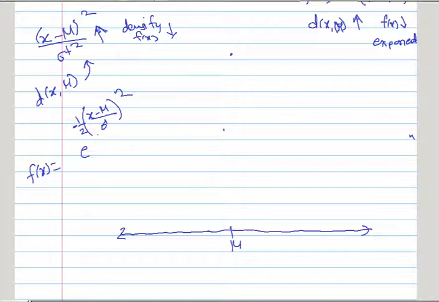So this is the core part of the normal density, e raised to minus 1/2 x minus mu upon sigma bracket square. Actually the density of any univariate normal distribution is like this.